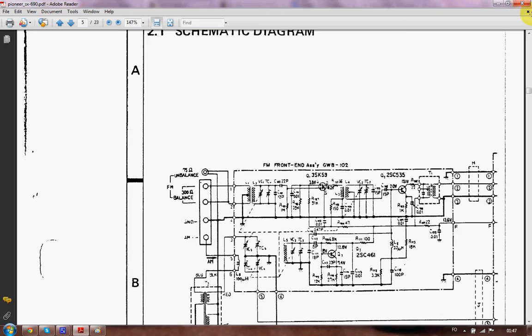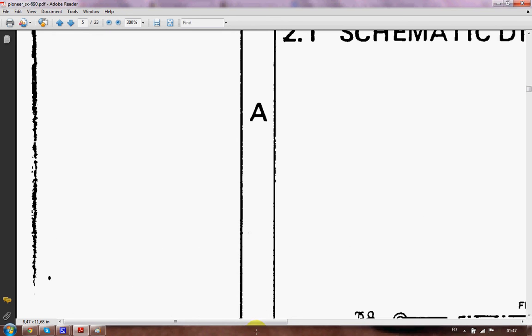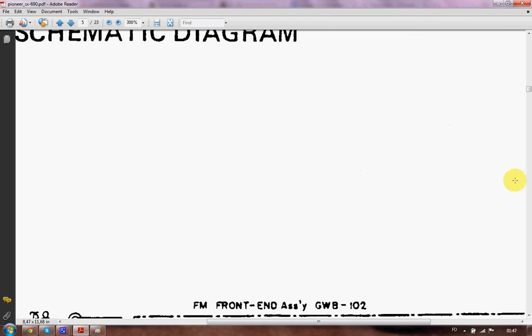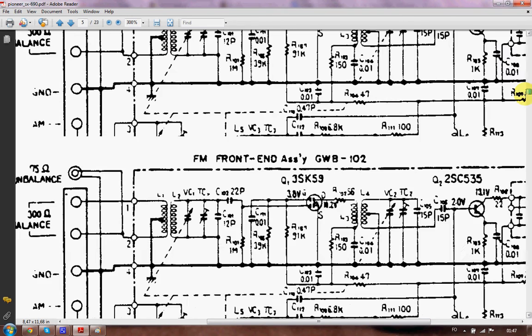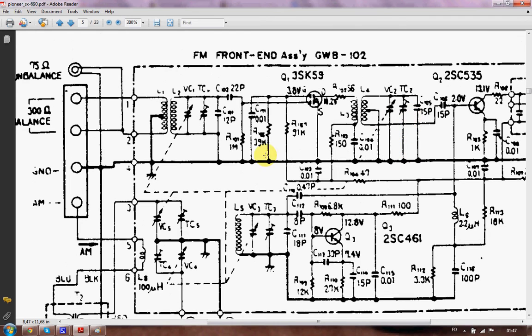And as I talked about, these given voltages here in a typical schematic, you can try to zoom in a little bit, and you can see some voltages somewhere. For example, 38 volts down from the mouse here.